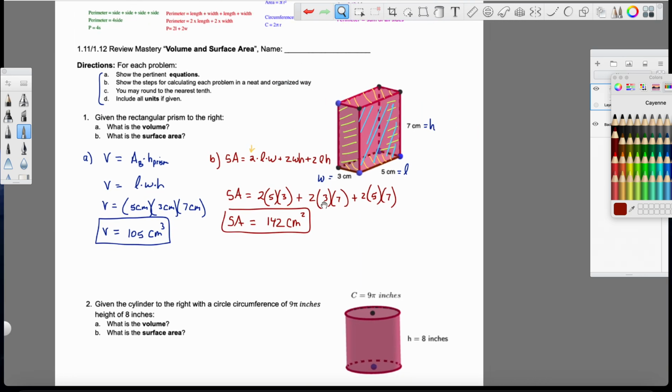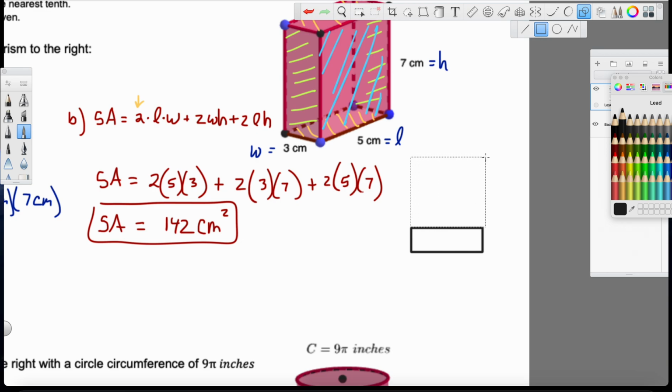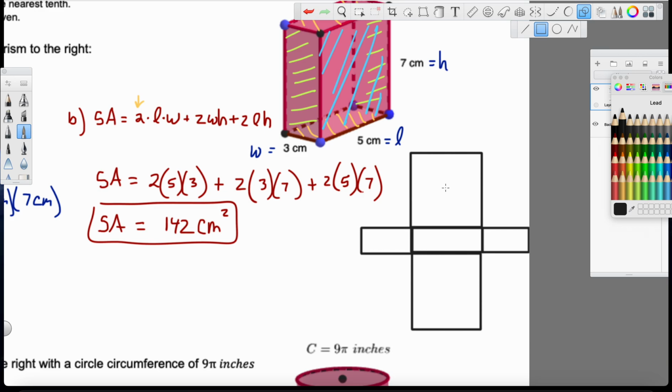Now, I want to point out here that we could have made a net for this. If I make a net here, let's get the rectangular shape. So I've got my base, the 3x5, and then that's the back, the front, and the right and left side here, and then I've got to put the top on it.